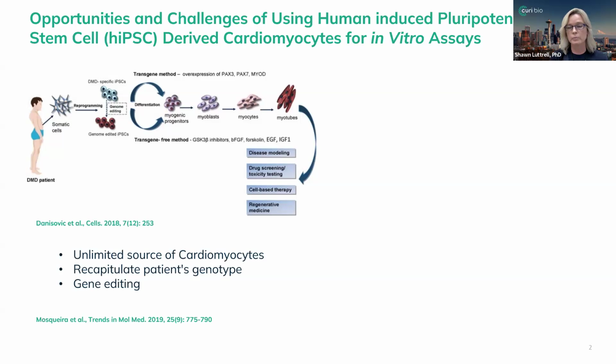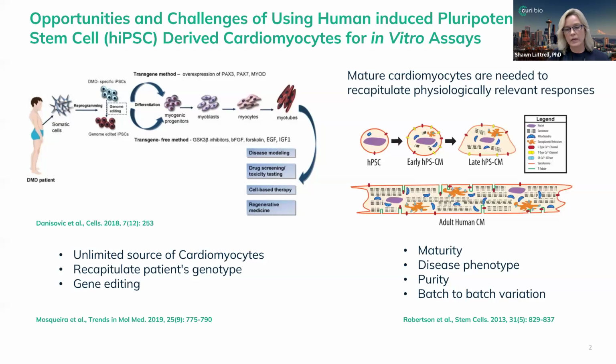They allow you to recapitulate a patient's disease in a dish or model a new disease. You can edit the cell lines to make isogenic pairs, which can be used to model any disease with a genetic foundation. So stem cell-derived cardiomyocytes have really become a test bed to study cardiac biology and different therapeutics aimed at treating cardiomyopathies and other diseases.